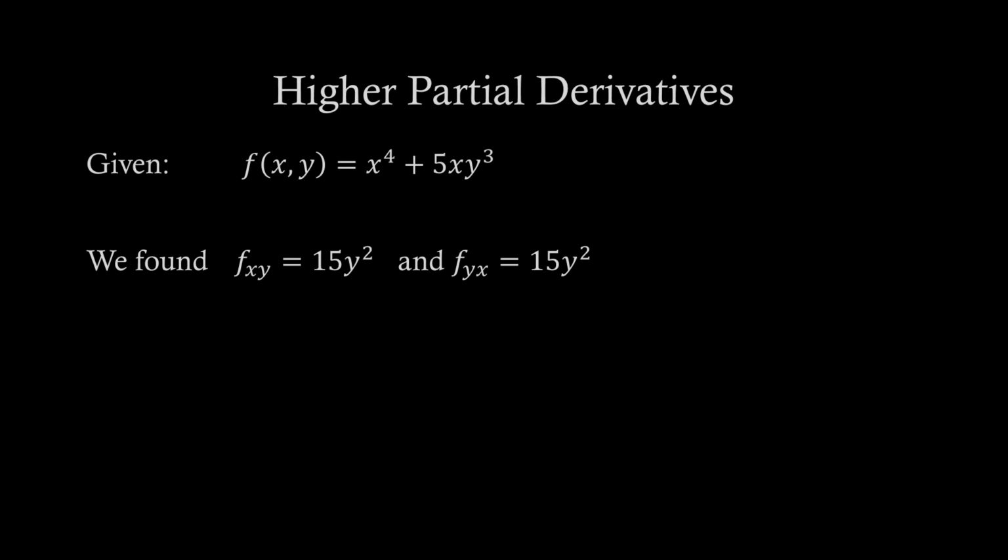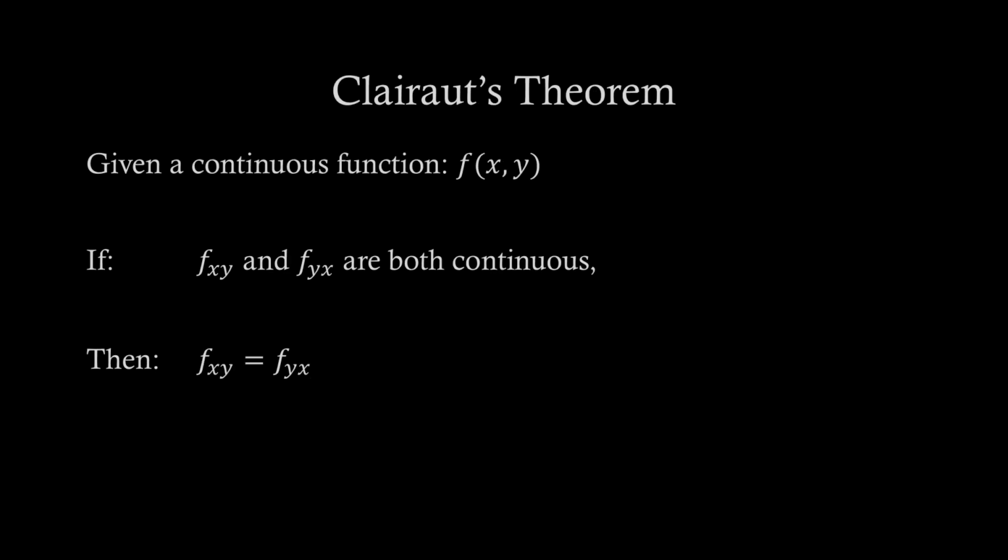So again, given that same function, we found that partial xy was 15y squared, and partial yx was 15y squared, which means, well, those two second partials were actually equal to each other. Is that a coincidence? No, not at all. This is actually a very, very important result called Clairaut's theorem.